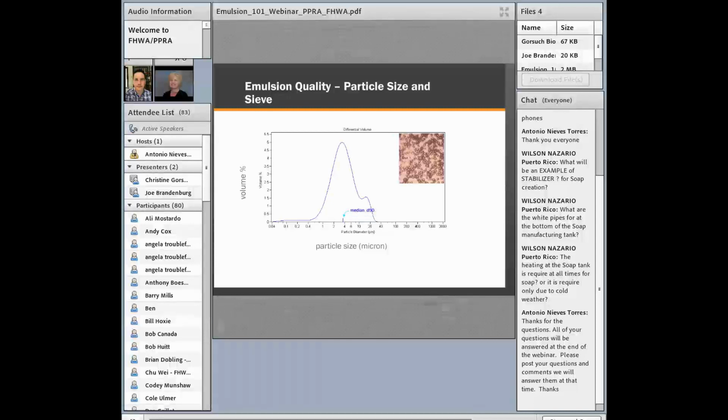And really, for a good quality asphalt emulsion, you want your particles to be between 5 to 7 microns in diameter, sometimes a little bit more, sometimes a little bit less. Also, you want between 90 to 95% of those particles to be that size in diameter.